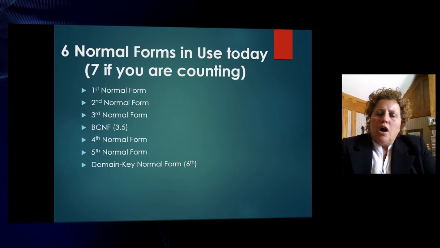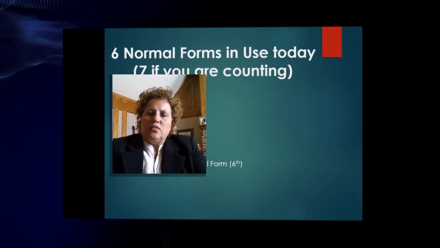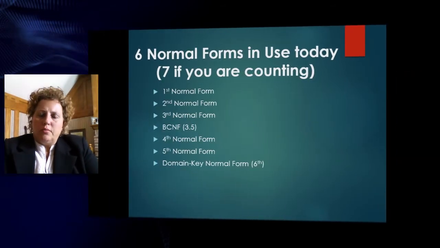But beyond the BCNF, there are 3 other types of normalization: fourth normal form, fifth normal form, and then a 6th one, 7 if you're counting, which is called the domain key normal form. 4, 5, and 6 are not typically used just because of the amount of resources, the time, and the expense that it takes to normalize a database to those forms.